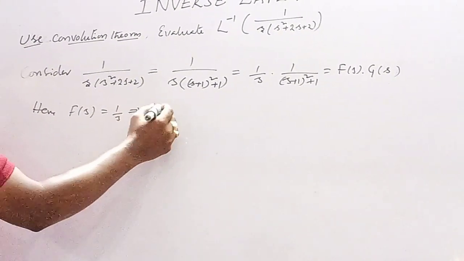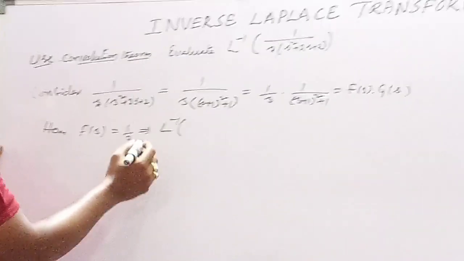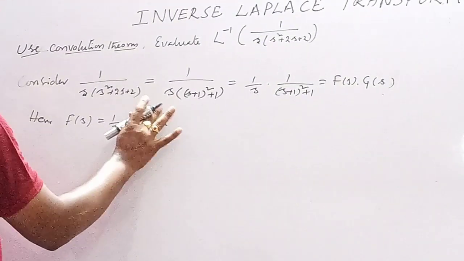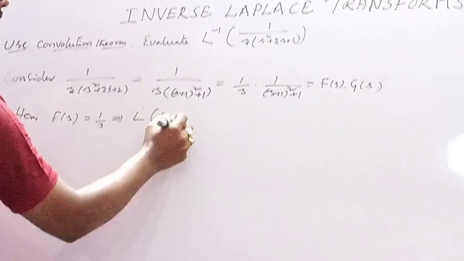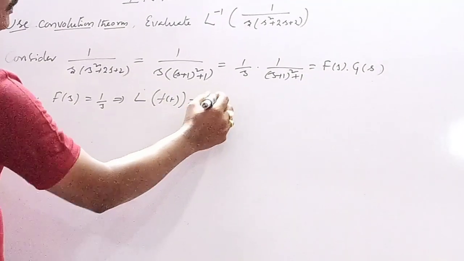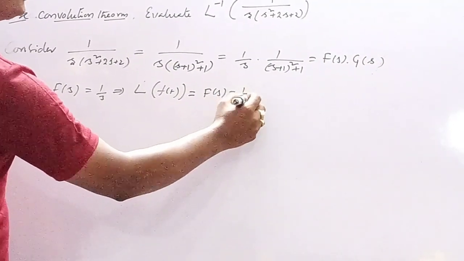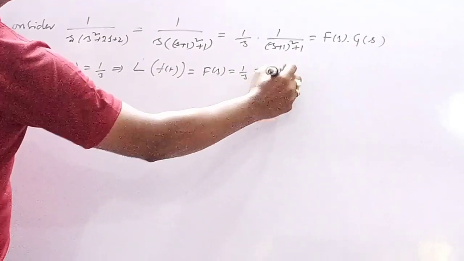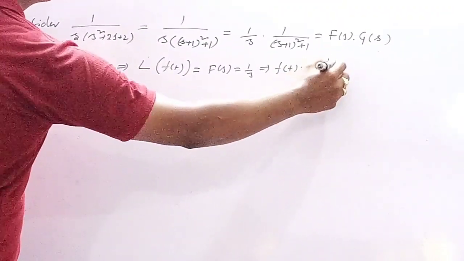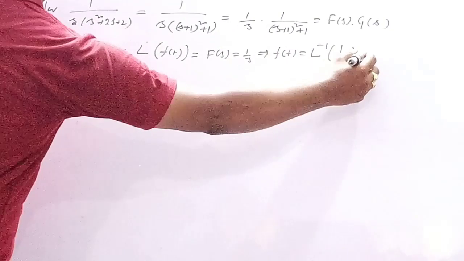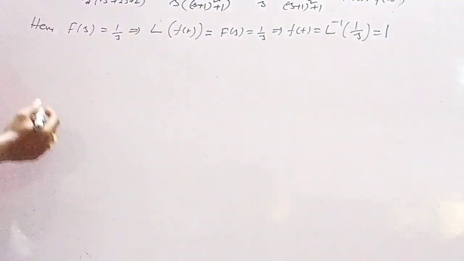Here you take F of s equal to 1 by s. So f of t equals the inverse Laplace of 1 by s, which is 1.